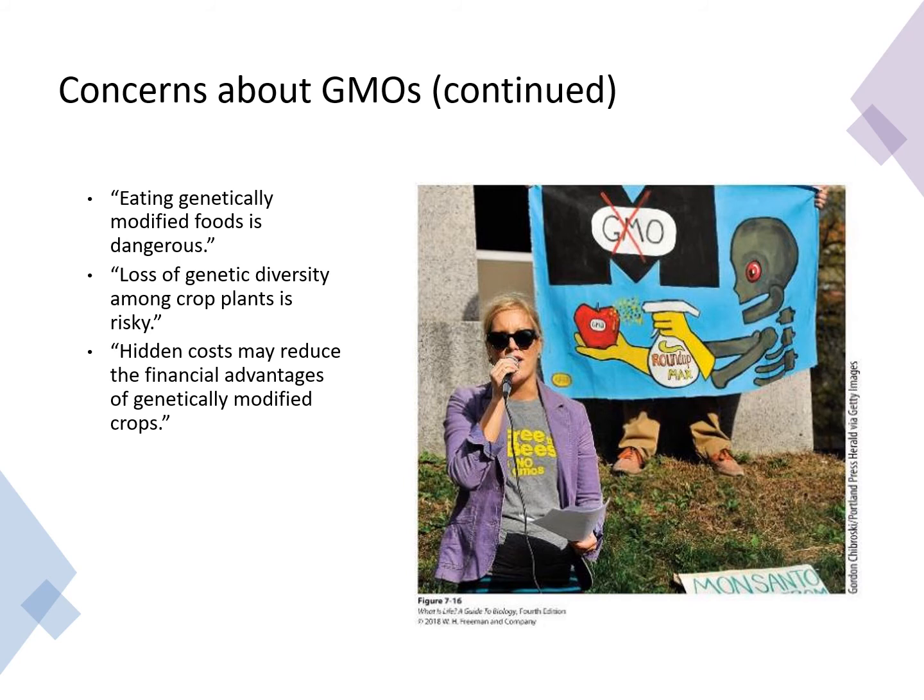Next is that a loss of genetic diversity among crop plants is risky. An example of this was from the 1880s, the Irish potato famine. This is where crops become more vulnerable to environmental changes and pests due to a lack of genetic diversity, which has happened.